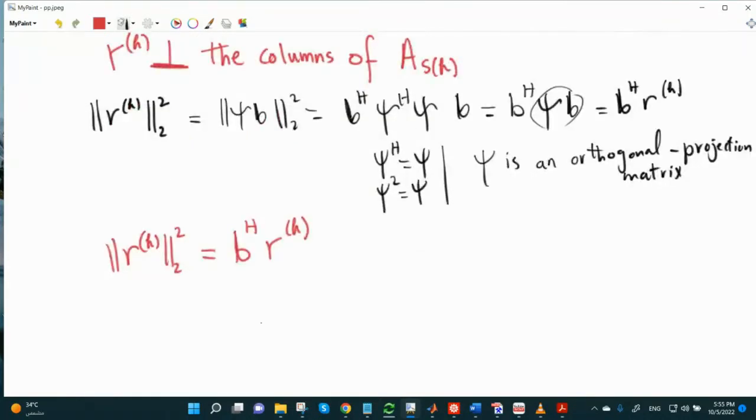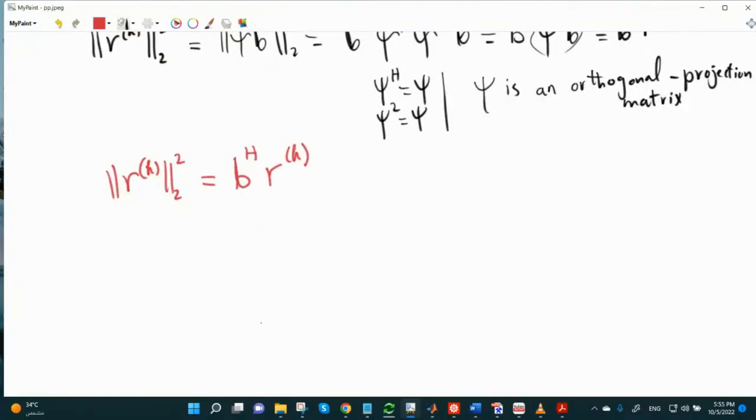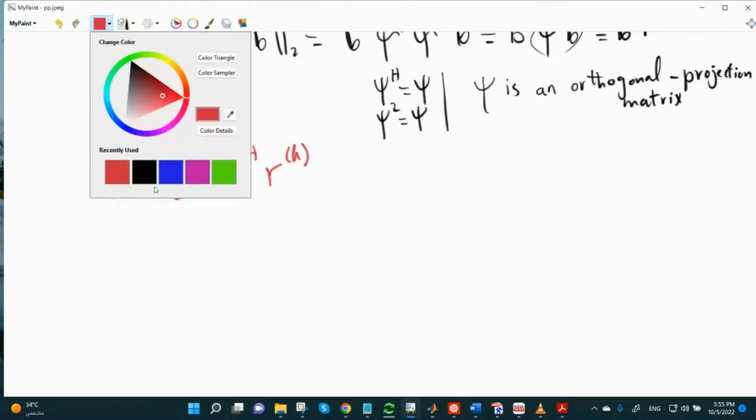Now, the trick here is that we will consider an update equation for vector x that is suboptimal. Okay, so what do I mean by this?